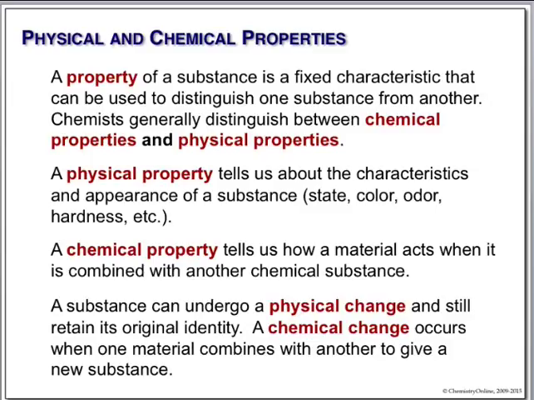When we do a change that is some sort of a physical thing, like melting it, a change of state, called a physical change, it is still the same substance. When we have a chemical reaction occurring, we call that a chemical change, and it will form new substances. So that's the test.